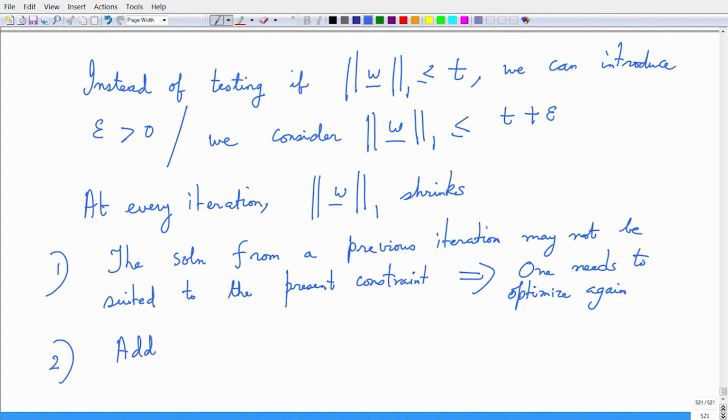adding the sign constraints can have swings in the variables, right.